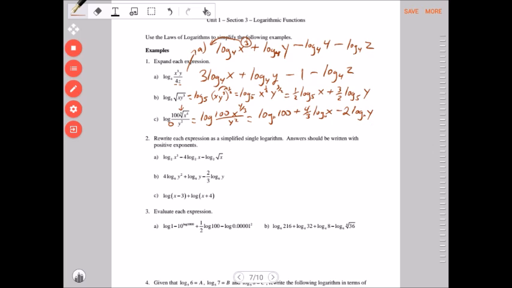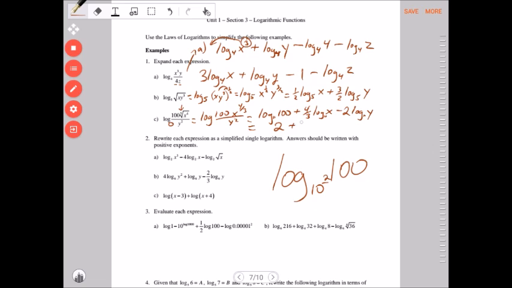Now log base 10 of y, you can't really do anything. Log base 10 of x, you can't do anything with. But what is log base 10 of 100? Now remember, I showed you that little trick, and I'm going to write here, I'll erase it in a second. So log base 10 of 100. Remember that we put a blank here, and 10 to the what is 100? Well, 10 squared is 100. So log base 10 of 100 is 2.